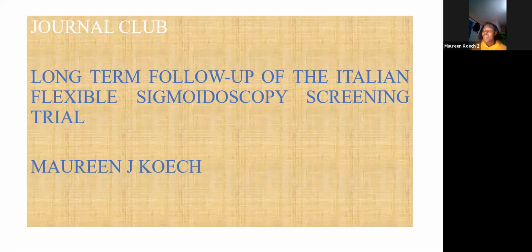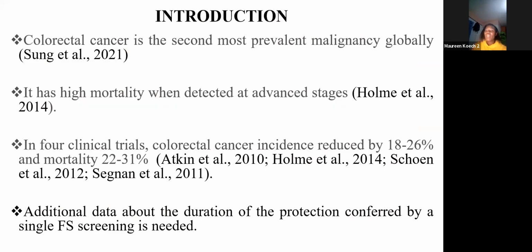Good evening, everyone. Maureen Kipkoech is my name, and welcome to today's Journal Club. I'm presenting a paper on long-term follow-up of the Italian flexible sigmoidoscopy screening trial. On introduction, colorectal cancer is the second most prevalent cancer in the world. It has high mortality when diagnosed at late stages. However, it's preventable.